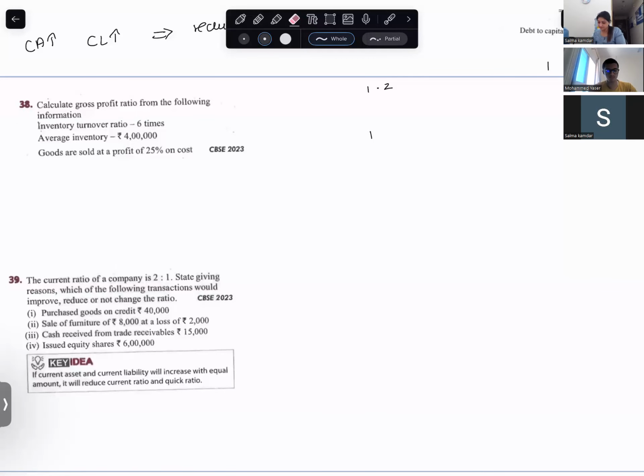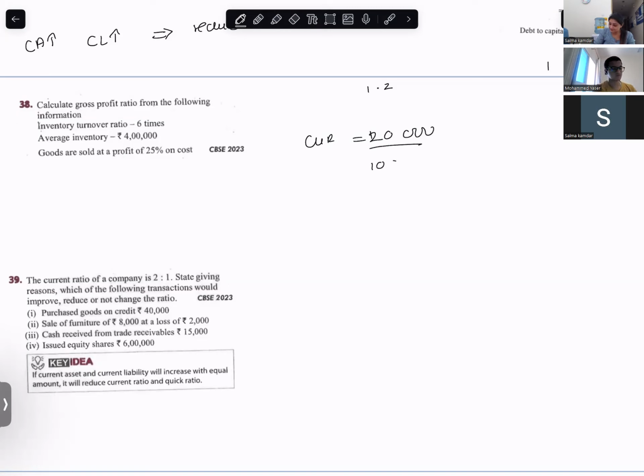Come on. Sale of furniture at a loss. The current ratio is 2 is to 1, that is 20,000 upon 10,000. Furniture is of 8,000. I sold it at a loss of 2,000. That means I got 6,000. Current assets increased by 6,000.